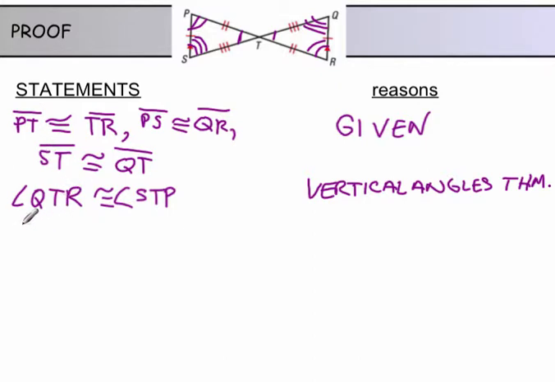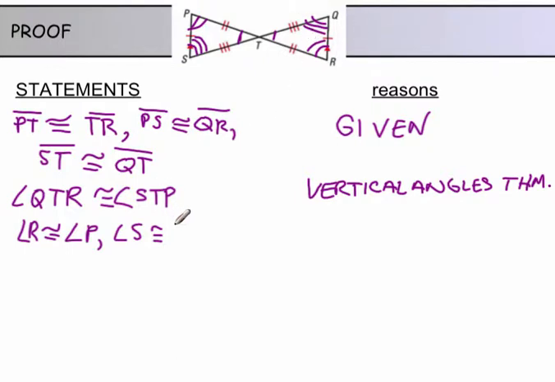So I'm going to say angle R is congruent to angle P, and angle S is congruent to angle Q. Oops, don't forget the angle symbol. Okay, so I'm just going to erase that for a second. And I'm going to get my pen to work.